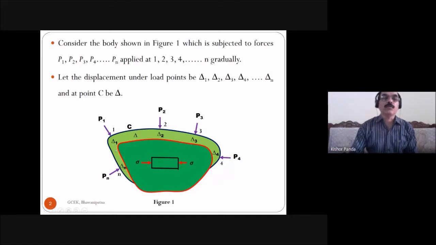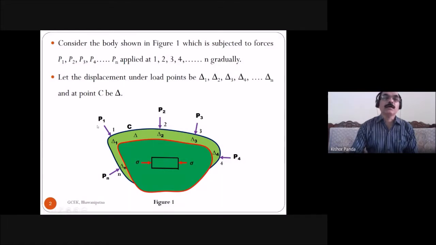So you have to find out the external work done by the external forces acting on the body. When the force is applied gradually, the external work done is equal to half into P into delta.